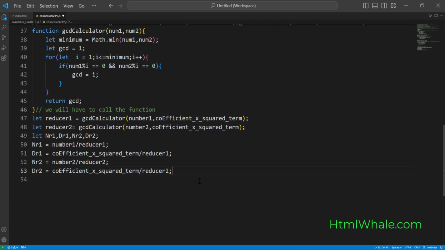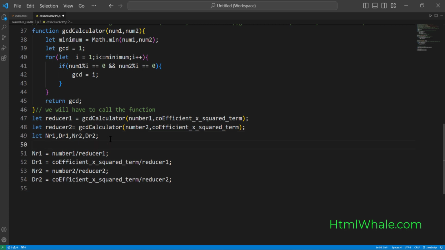So now what we have to do is we will have to perform the check. Okay, so how are we going to perform the check? The check would have to be performed here. So we cannot just simply divide the number 1 by the reducer 1. We cannot do that because I want them to be perfect divisors. So for that to happen, I'm going to put a condition here.